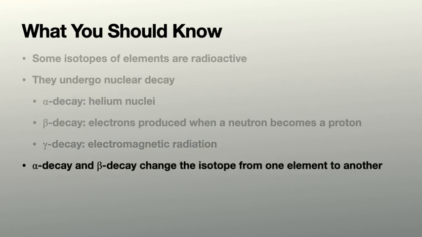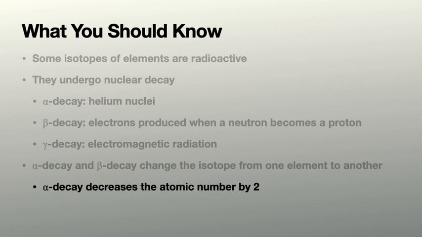We're going to be mostly interested here in alpha decay and beta decay because these change the isotope from one element to another. Now, this is what makes nuclear chemistry unusual. Normally, atoms don't change from one element to another in other parts of chemistry, but here they do, because the nucleus is changing, particularly the atomic number.